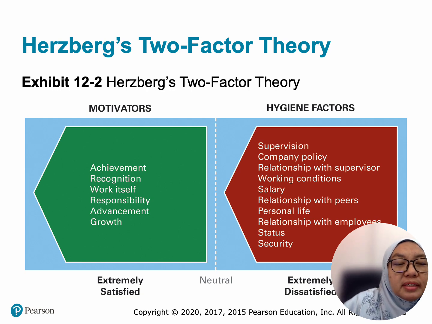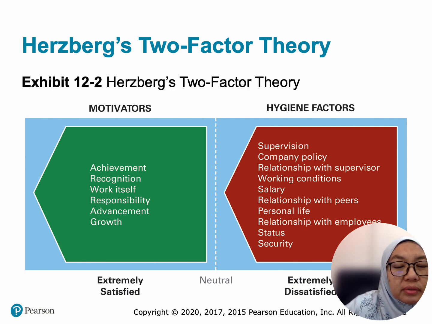So the third one is Herzberg's two-factor theory, whereby Frederick Herzberg, this two-factor theory is also known as motivation hygiene theory. So the left one is motivators, consists of achievement, recognition, work itself, responsibility, advancement, and growth.